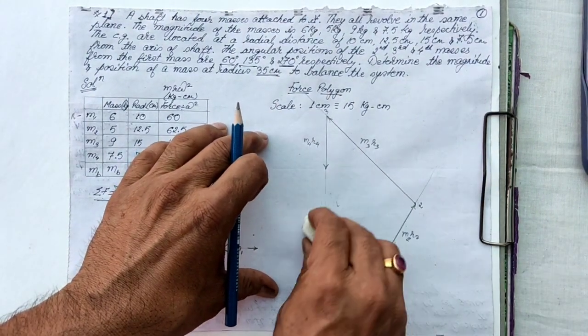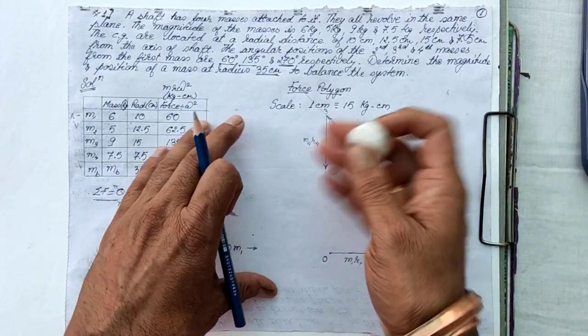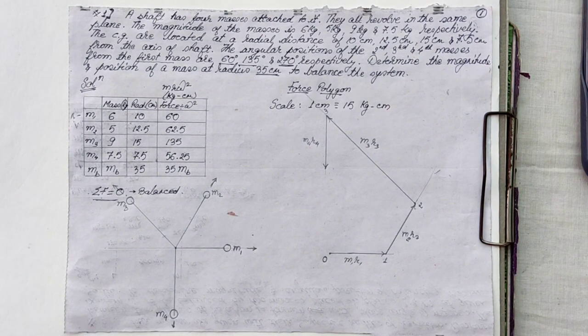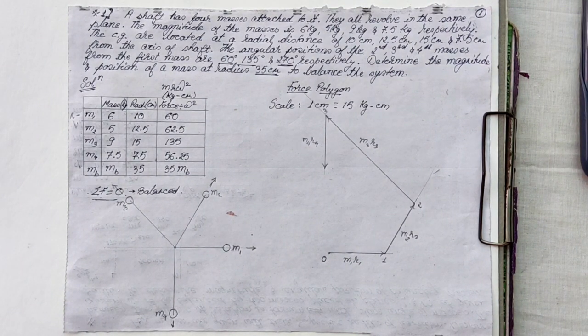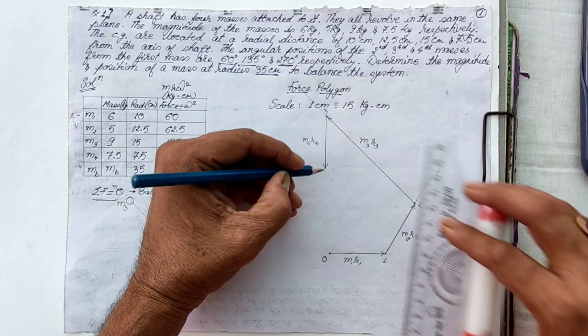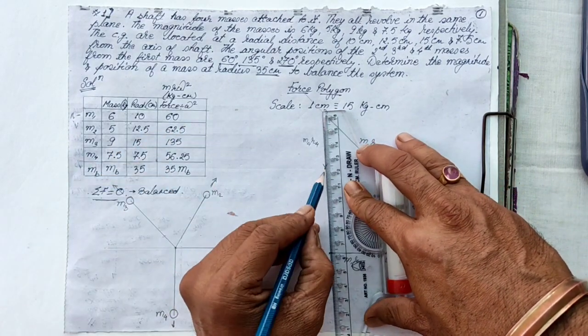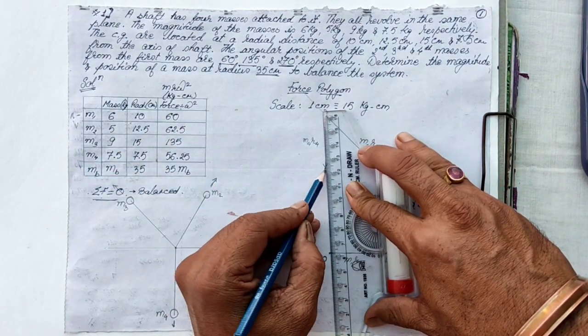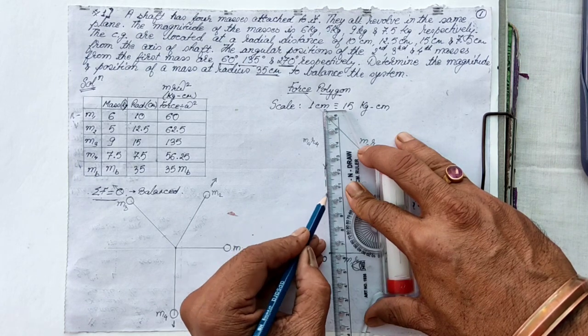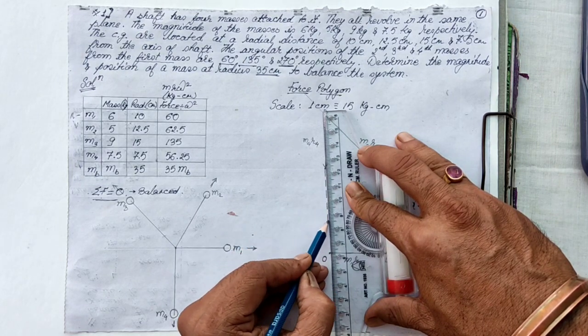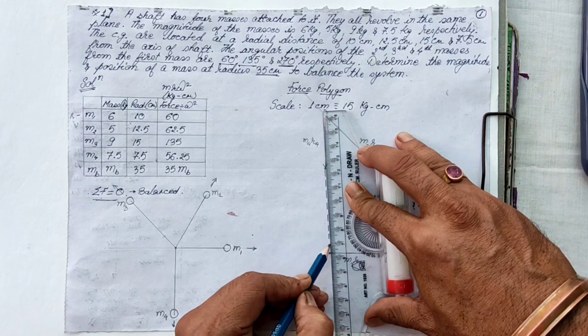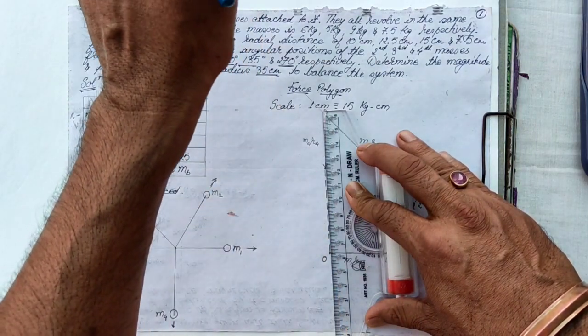As the summation of forces is supposed to be 0, we will join the last vector with the pole. So the resultant is actually in this direction.